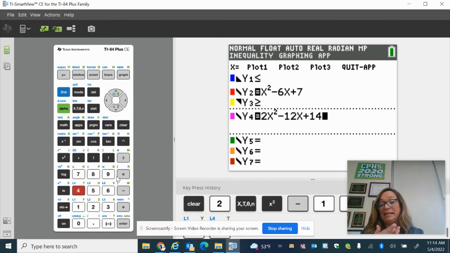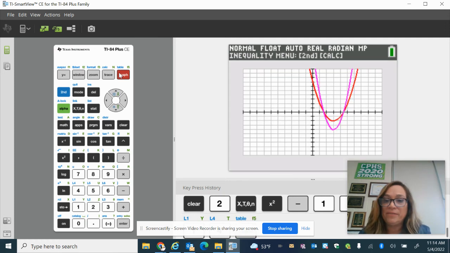All I did was dilate. I multiplied everything by 2. And I hit the word graph, and you see it has the same zeros. Not the same parabola, not the same equation, but the same zeros. And you can play with that. Also, if you don't remember that, you just have to use your graphing calculator.